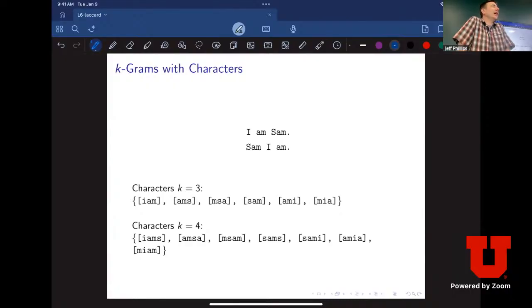This sort of idea actually shows up in use in genomics. You want to understand consecutive sequences of base pairs or proteins, and things are again stored as sequences. If you layer these shingles, these k-grams, on top of it, you're actually capturing a lot of the information.